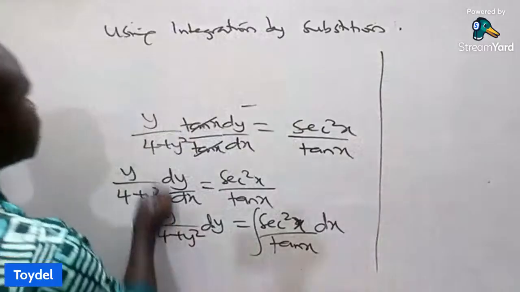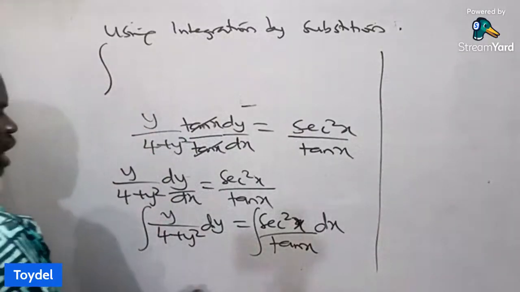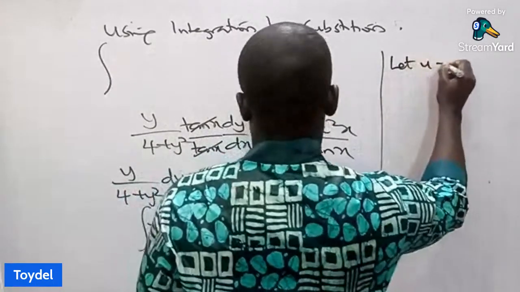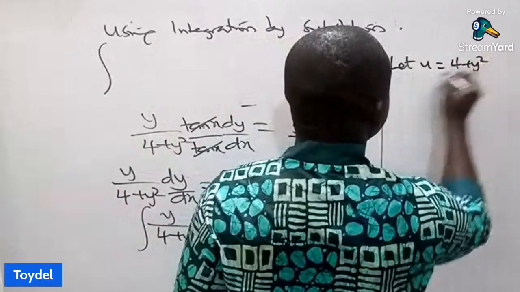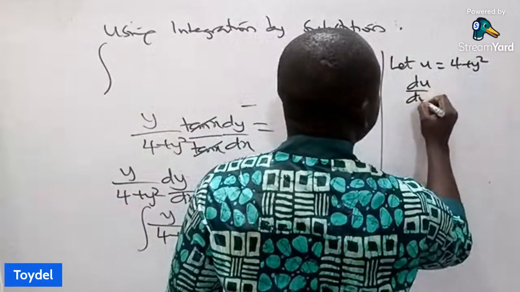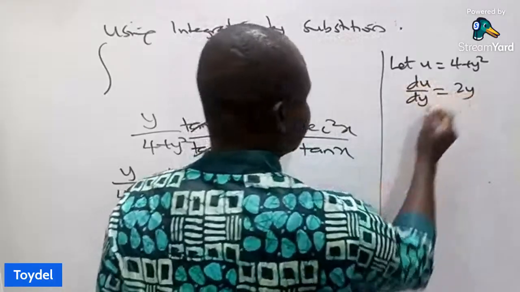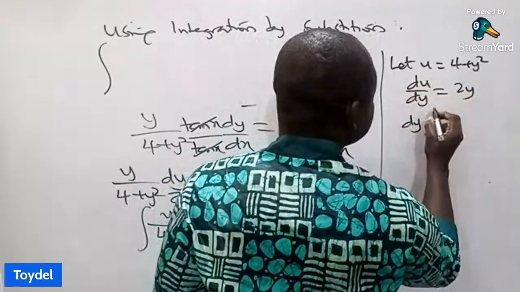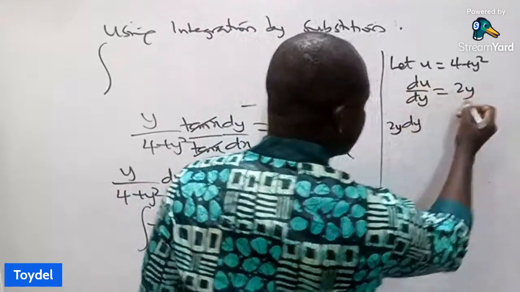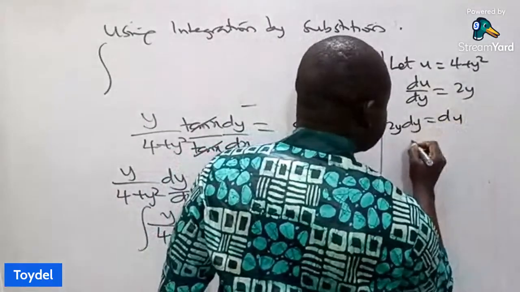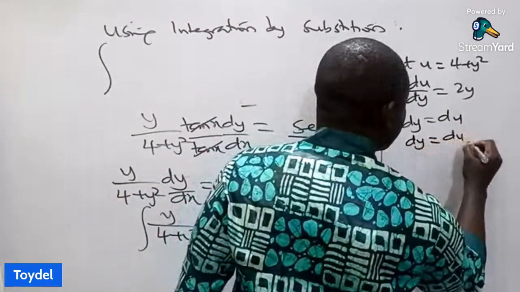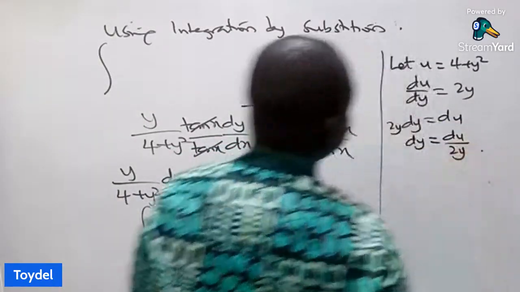The first one here, where I have integral, I will say let u equal to 4 plus y squared, so that du dy will be equal to 2y. Then 2y dy will be equal to du, then dy will be equal to du all over 2y.